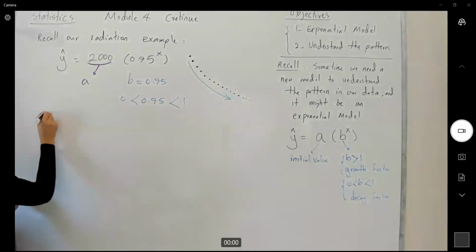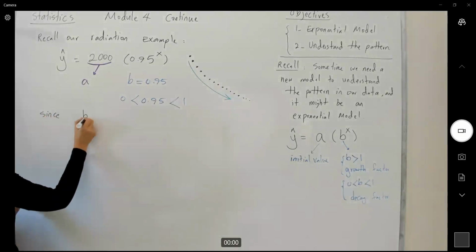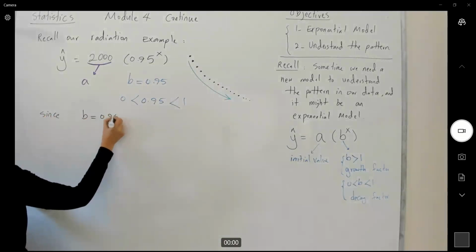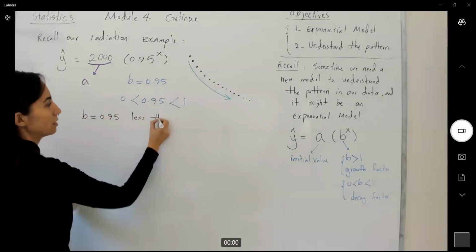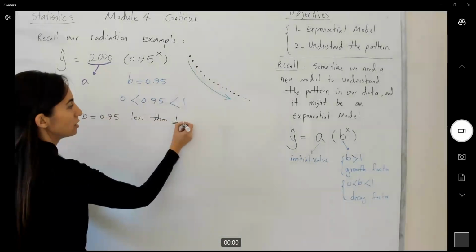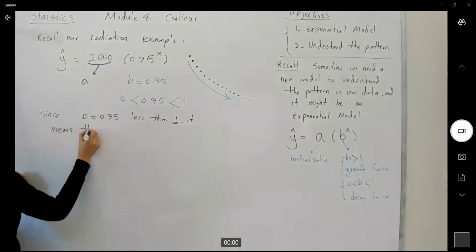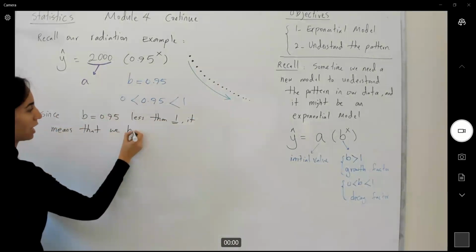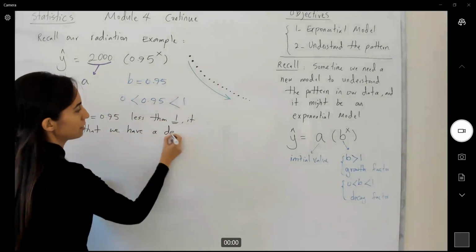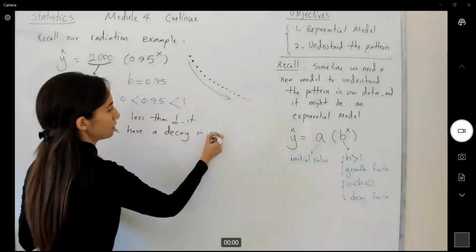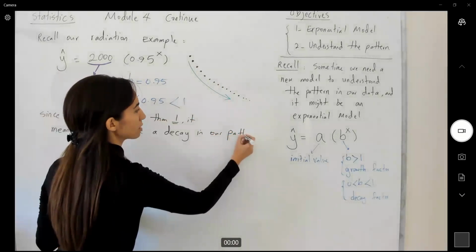So since B is 0.95, less than 1, it means that we have a decay in our pattern.